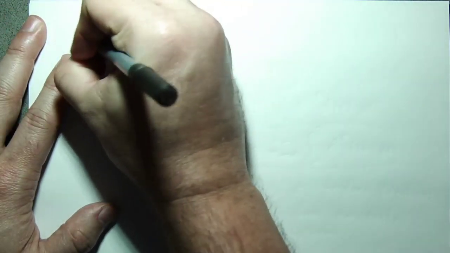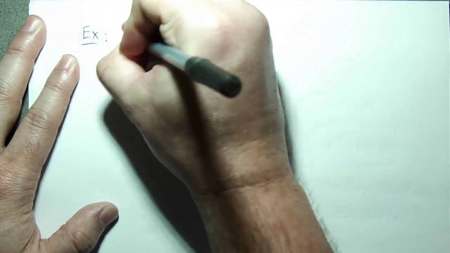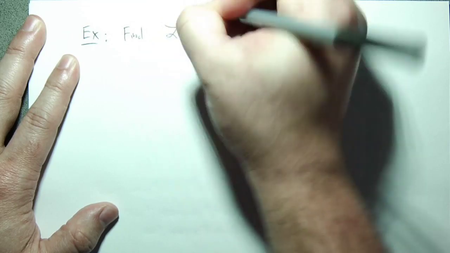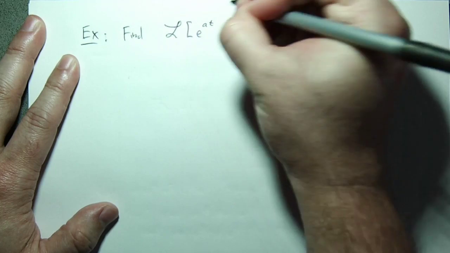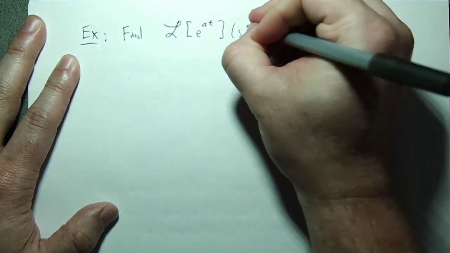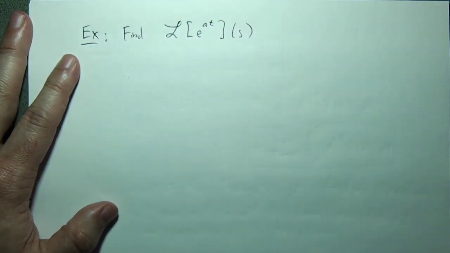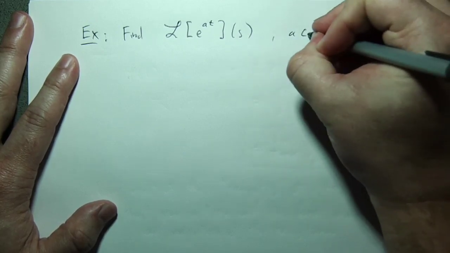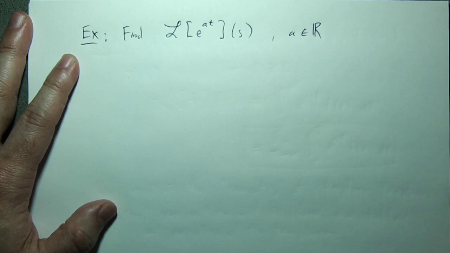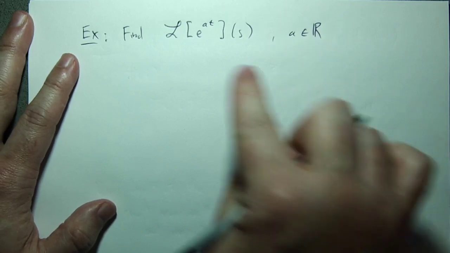So that's what we're going to do. Here's an example. Find the Laplace transform of e to the at, where a is some constant, so let's say a is just some real number. I want to compute this.